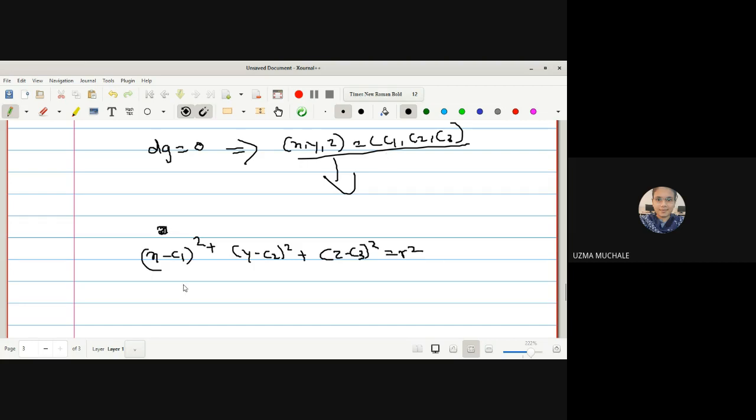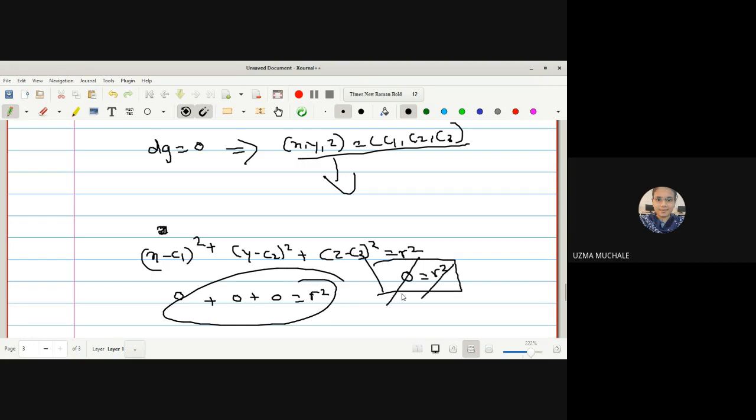So if I put here 0 plus 0 plus 0 equal to r square, which is not possible. Is 0 equal to r square possible? No. So dg is equal to 0 only at that point. Right? Yes, ma'am.